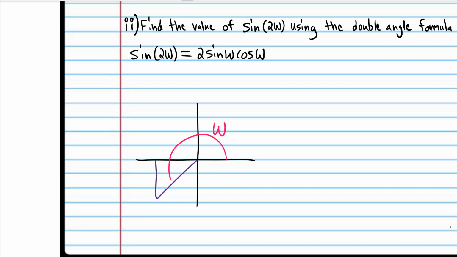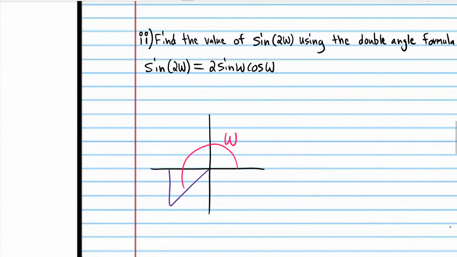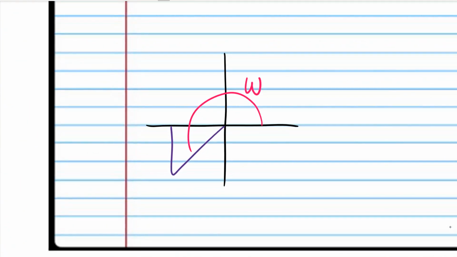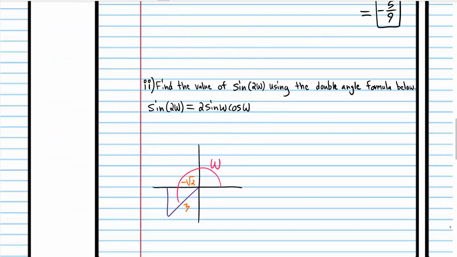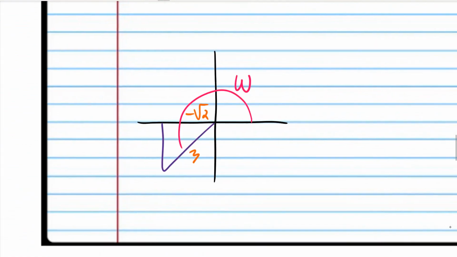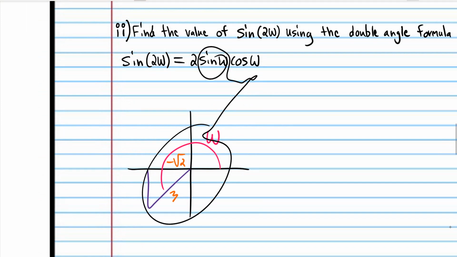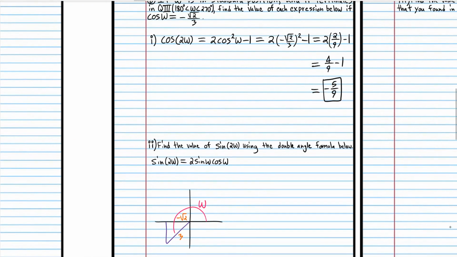That's omega. And they told us that cosine omega equals negative root 2 over 3. We're going to use this to find the value of sine omega, because we need sine omega to use this formula. We only have cosine omega.